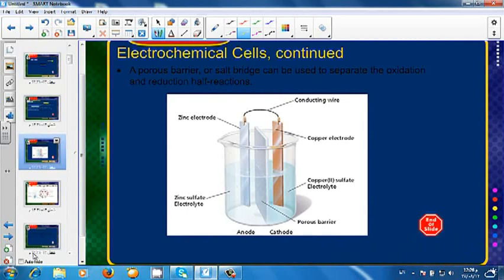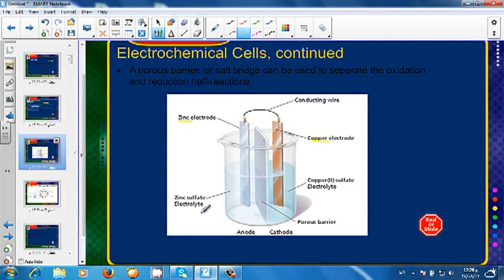The electrochemical cell, as you see, is composed of a container, and this container has two metal electrodes, or two metal plates, the first one of zinc and the second one of copper. Each one is immersed in its solution.